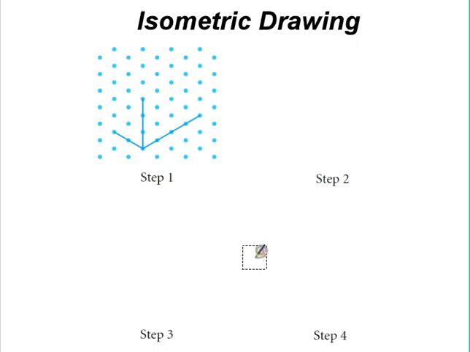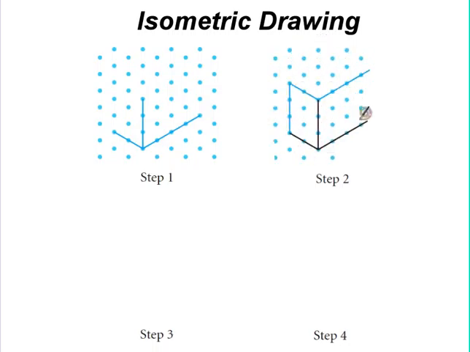Now what we're going to be doing is making a 3-dimensional box. So step 2, what I need you to do now, the blue is the new lines, the black is the existing lines.